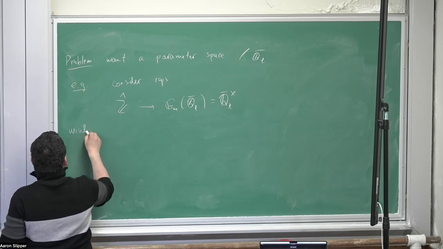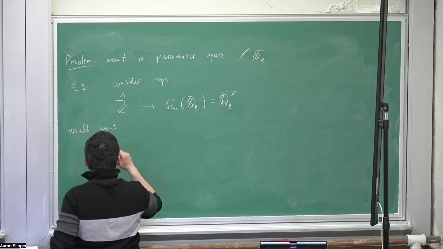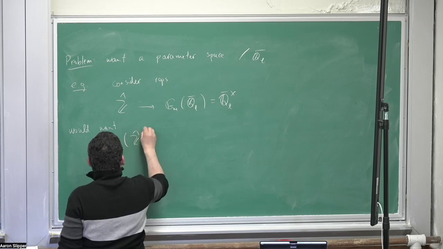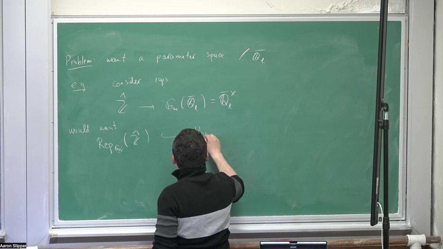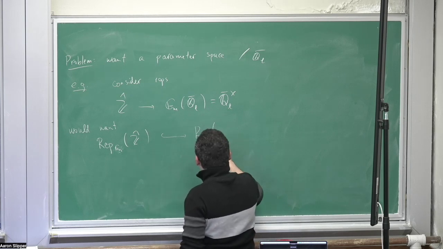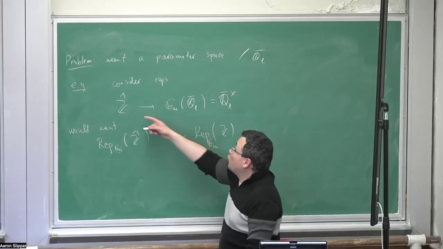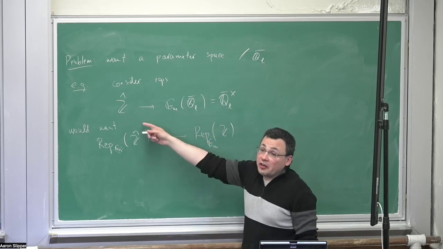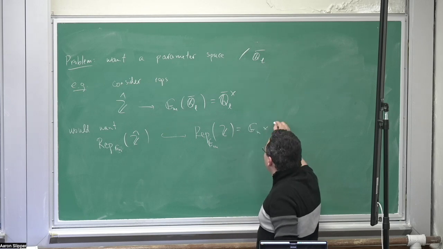Let me call it Rep of Z hat. Certainly, this should sit inside representations of just Z. Each such representation is determined by where the topological generator goes. So this is just GM times BGM.